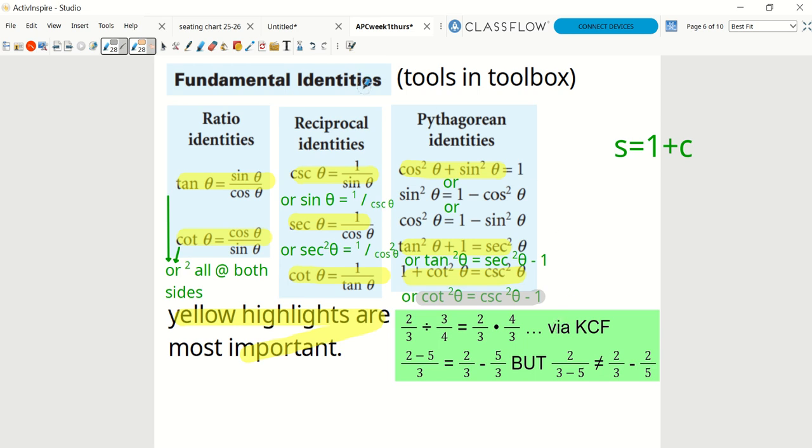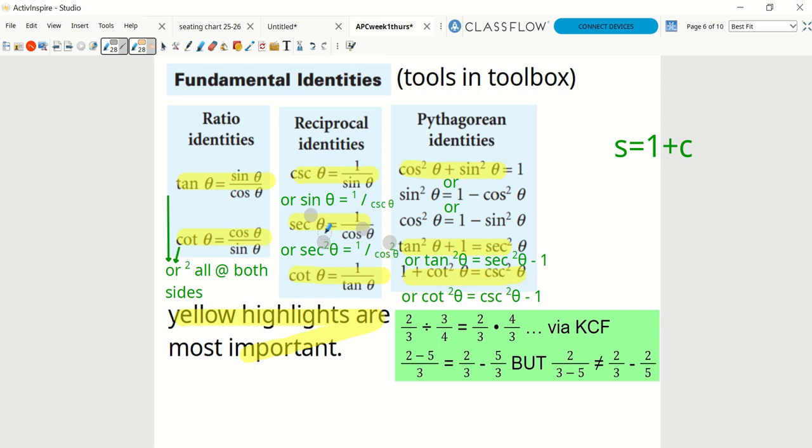I can also switch the sine and the cosecant so that this yellow becomes that gray. I can square everything here so that secant squared equals 1 over cosine squared. Those are variations of this original identity.